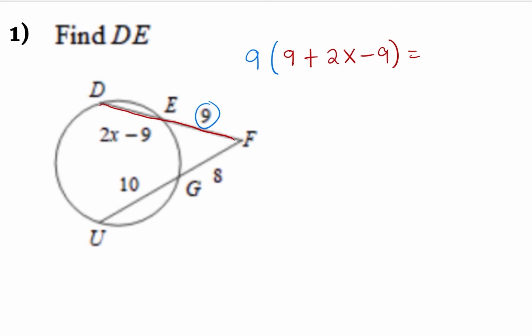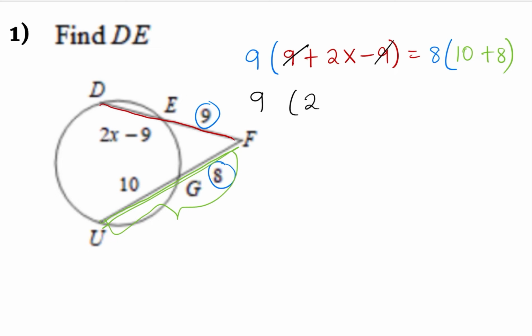And then on the other side of the equation, the outside number is 8, and then we're going to add the whole measurement of these, and that is the 10. This whole thing will be added, so 10 plus 8. So let's simplify. Inside the parentheses, we can cancel 9 minus 9, that would be 0, and so we are left with 2x equals 8 times, adding this 2, that would be 18.